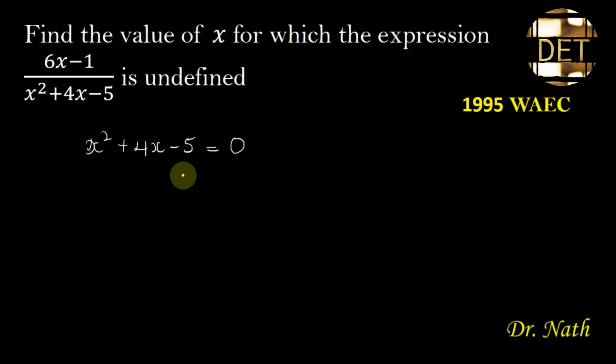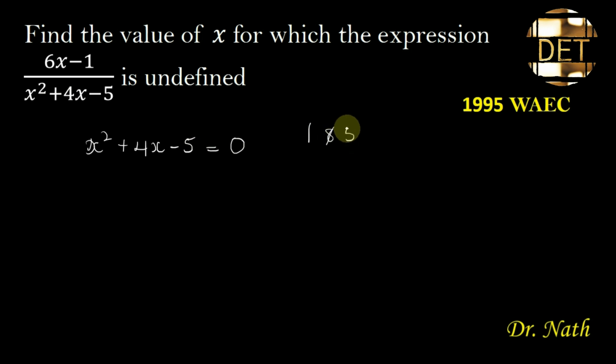By factorization, we look for factors of 5 such that if we multiply them, we get 5, and if we add them, we get plus 4. So we are looking for the factors of 5. 5 is a prime number, so it has only two factors, 1 and itself, which is 5.